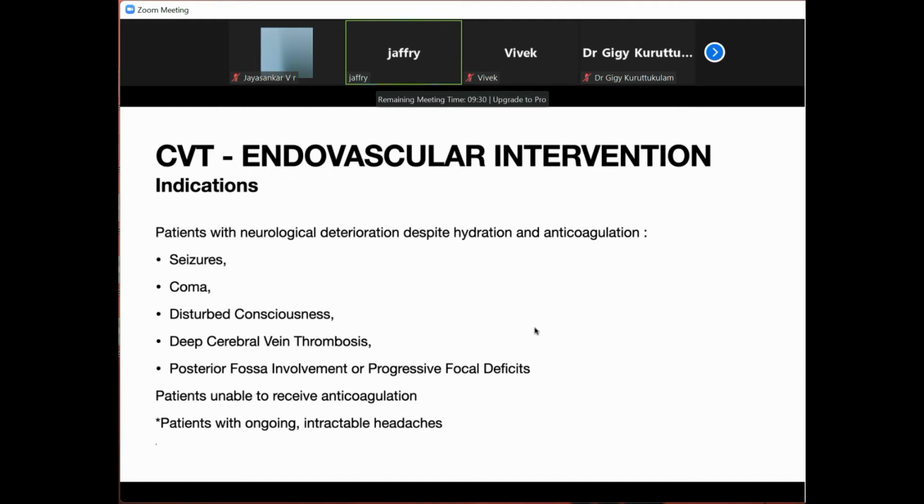In these kinds of scenarios, these are the ideal candidates for endovascular intervention.